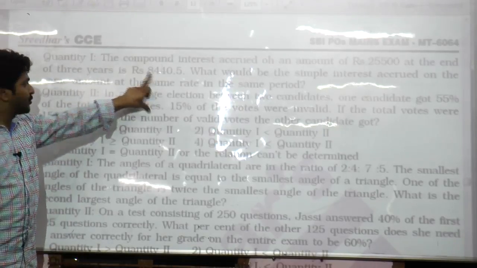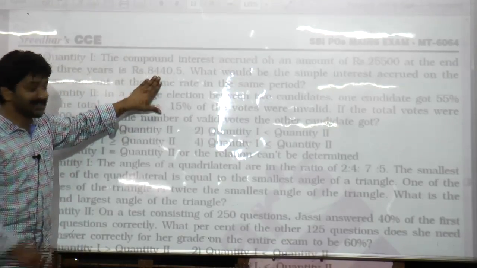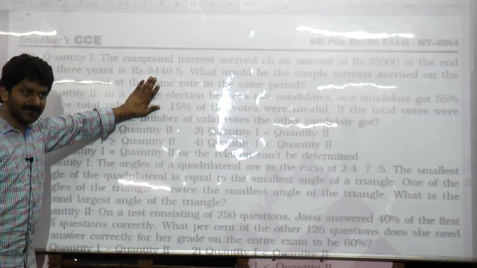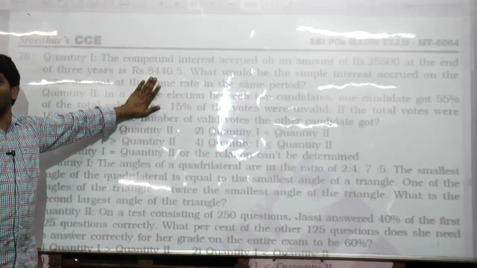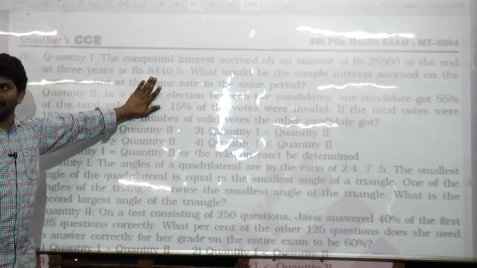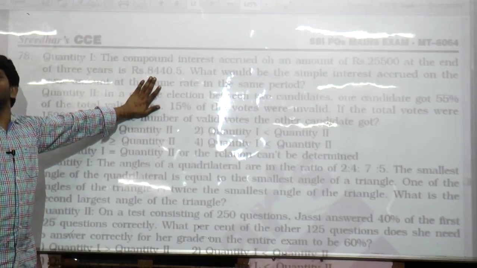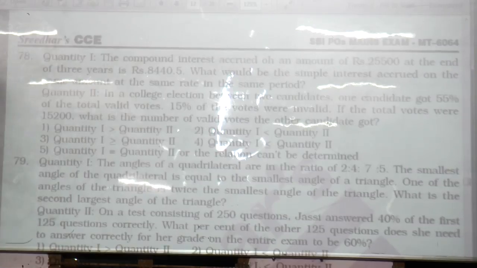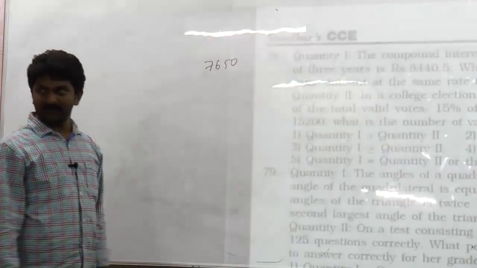Yes or no? So this in terms of percentage is definitely more than 30%. So you can treat it as 10% per annum, right? Yes or no? If it is 10% per annum, simple interest for 3 years will be 30% only, right? And 30% is 7650. Just now we have calculated, which is quantity 1.